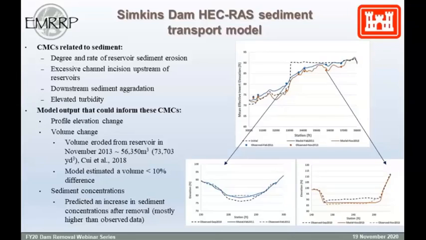That's what it was right when the dam was removed. But throughout time, part of that sediment that was behind Simkins eroded downstream. And we can see in the blue continuous line on the first picture on top that the model predicted that the bed was going to degrade at that location.